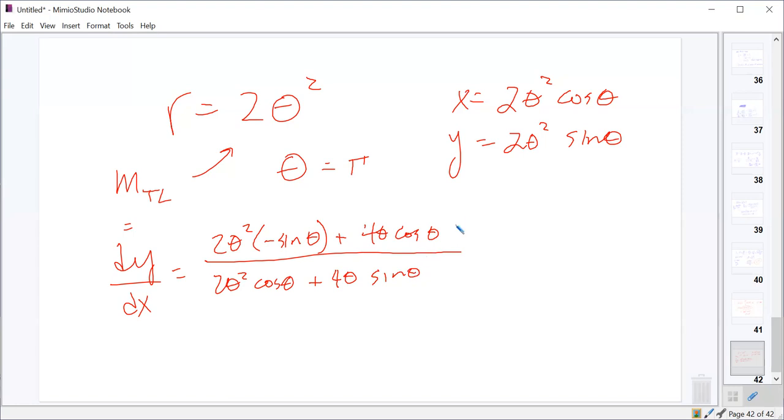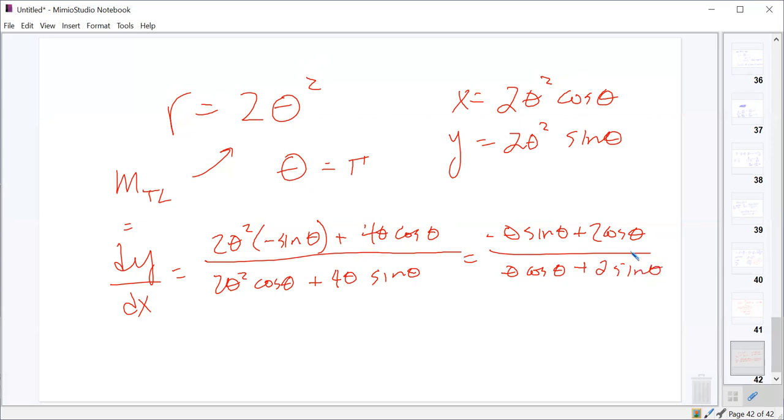It might be nice to simplify a little bit first. We can get rid of 2's and thetas from all of this. So really, we've got negative theta sine theta plus 2 cosine theta over theta cosine theta plus 2 sine theta.